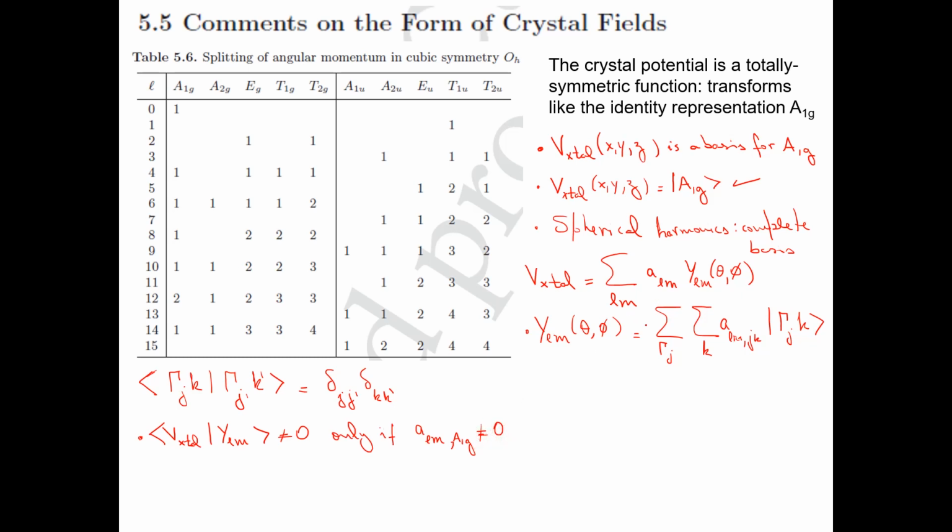Because when I do this scalar product, I am basically doing this, right?